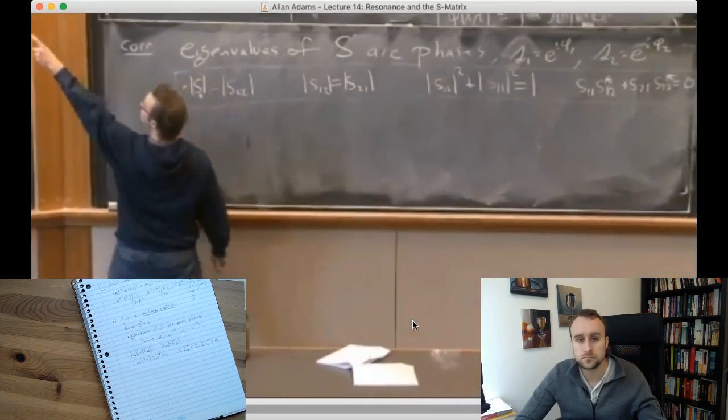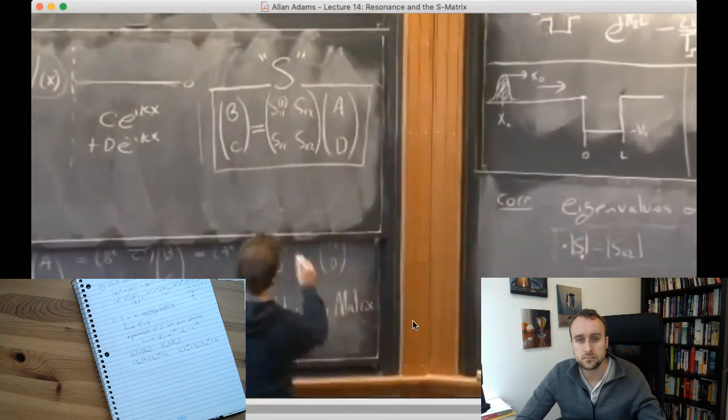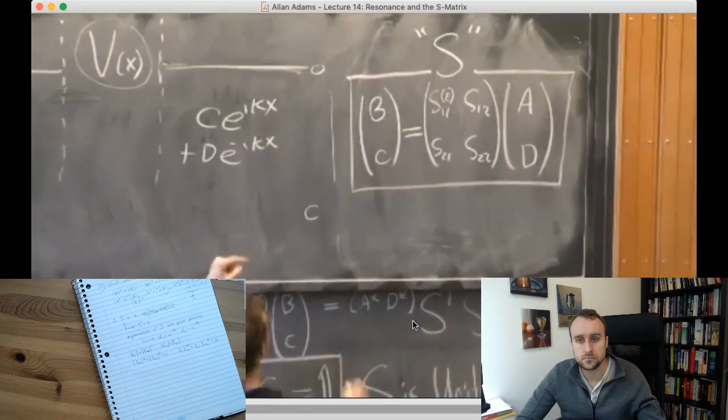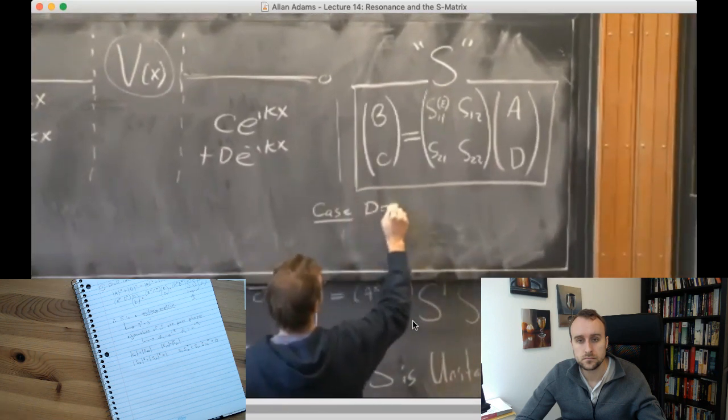To get that other meaning, let's look at the definition of the transmission amplitudes. In particular, consider the case that we send stuff in from the left and nothing in from the right. That corresponds to D equals 0. So when D equals 0, what does this tell us?